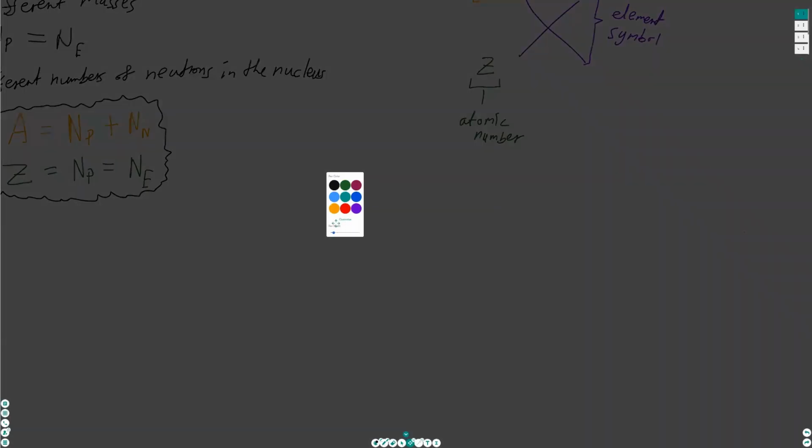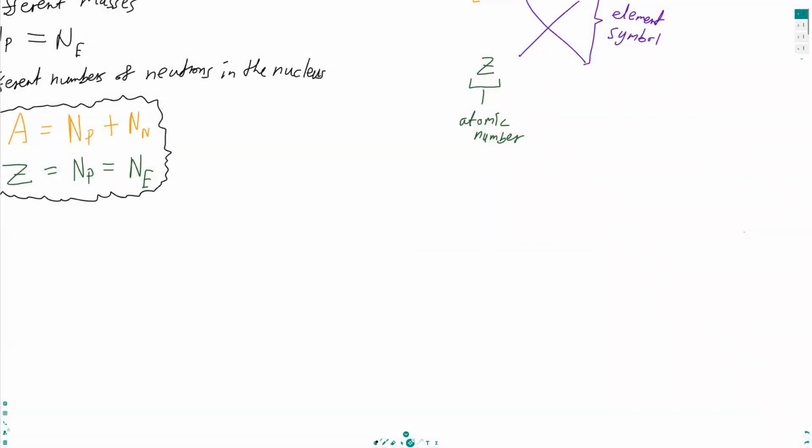If we turn to helium in the periodic table, which is here, you can see helium has the chemical symbol He. So let's write that. This is how helium is written in the periodic table.